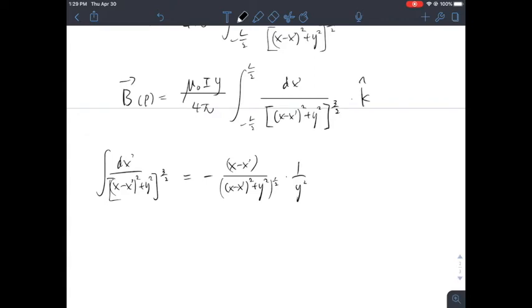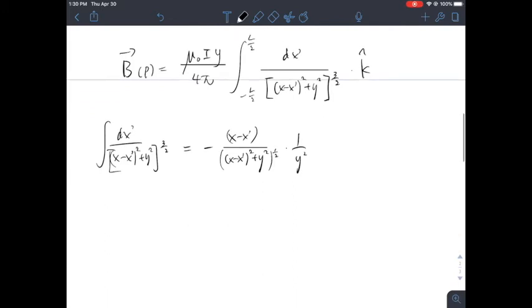function below is equal to negative of x minus x prime divided by the square root of x minus x prime squared plus y squared, times 1 over y squared. Then we integrate it from negative L over 2 to L over 2. We plug them in.